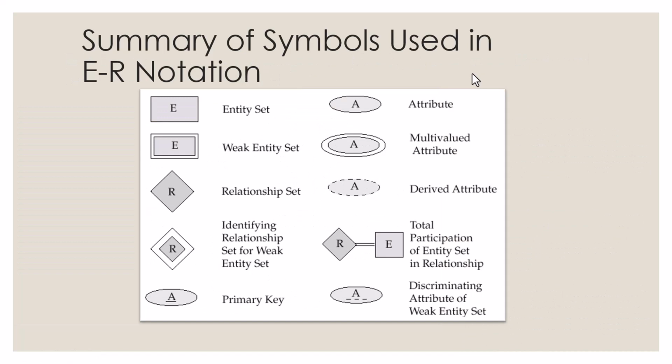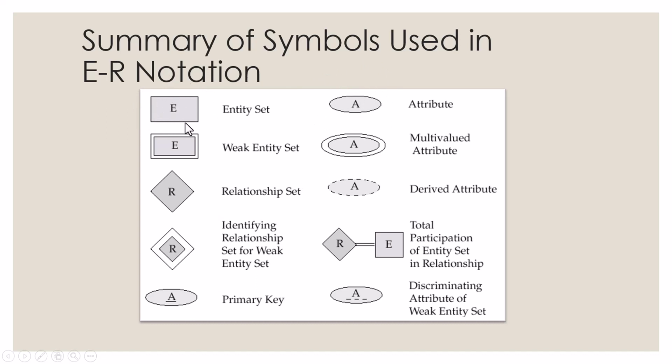So let's summarize what we have gone over the past couple of weeks. Our main idea is the entity set. It's going to be a rectangle, and connected to an entity set you usually have a set of attributes, which are ovals.